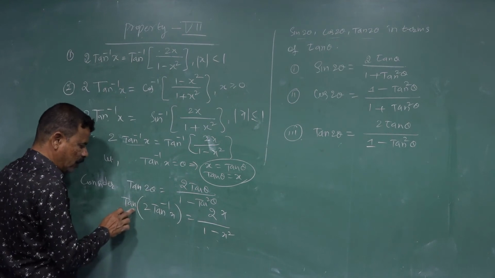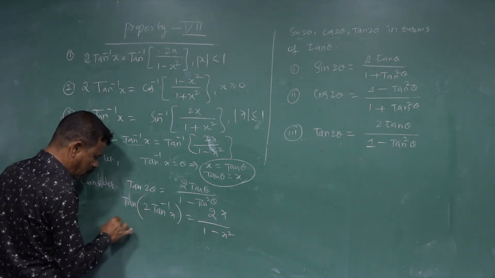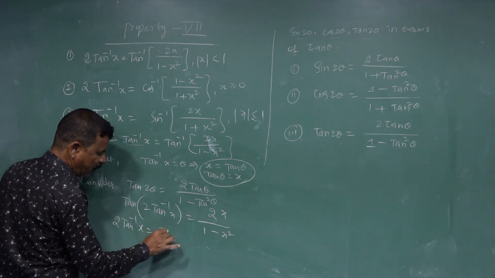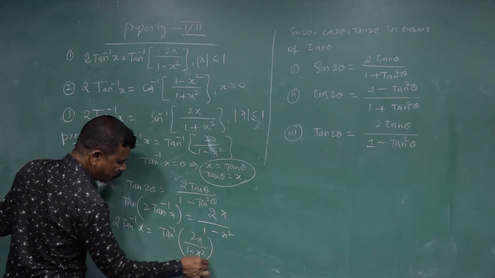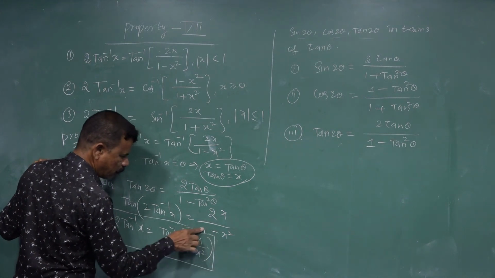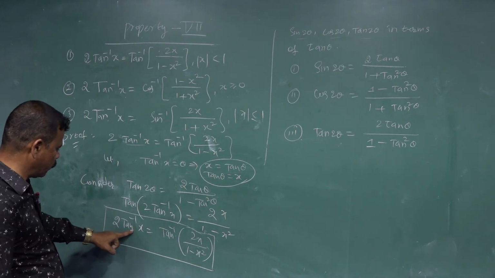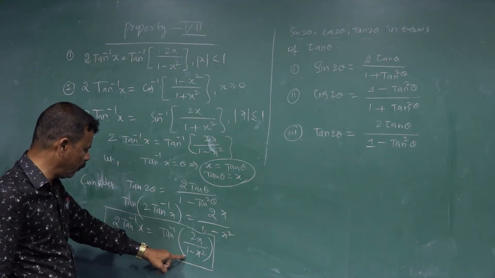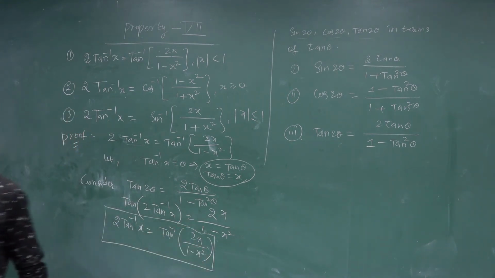Okay, now taking tan on the right side, tan inverse comes: 2 tan inverse x is equal to tan inverse of 2x by 1 minus x square. This is one of the formulas, 2 tan inverse x in terms of tan inverse, 2x by 1 minus x square. That's all. Next, cos 2 theta.